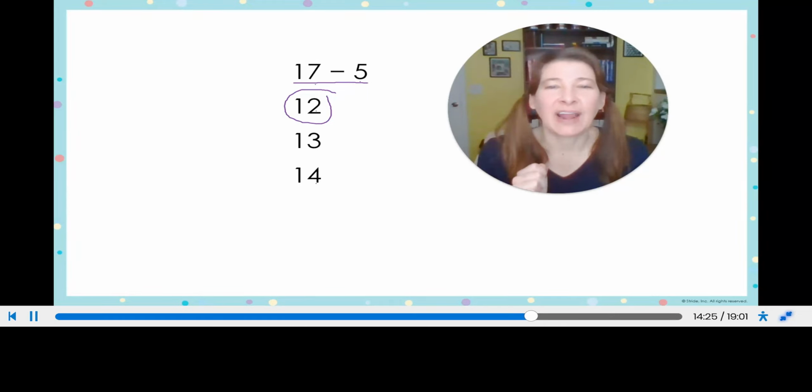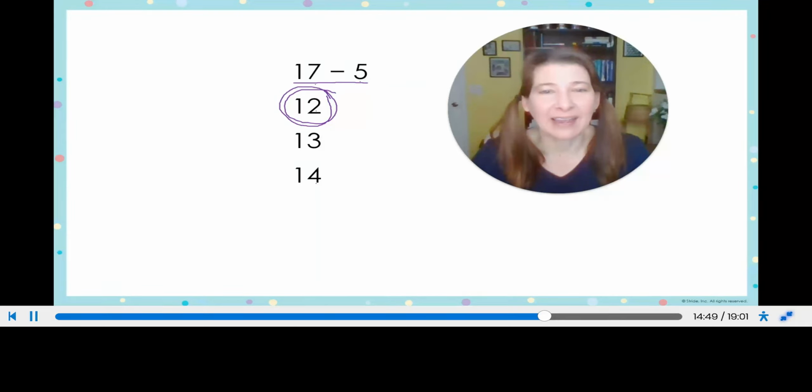So we put 17 in our head, and we are going to count backwards 5 times. So 17, 16, 15, 14, 13, 12. And that's the answer. 17 minus 5 equals 12. If you're not very good at counting back yet, you might want to draw a little number line to help.